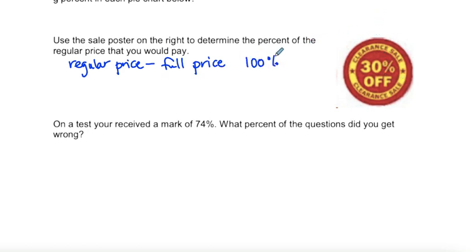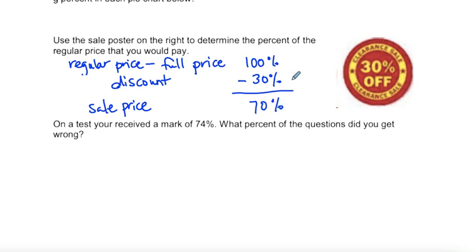The discount I'm taking is 30%. So what is my sale price? In order to calculate that, I need to subtract the discount from my full price. So that becomes 70%. I'm going to pay 70% of the regular price for whatever the item happens to be.